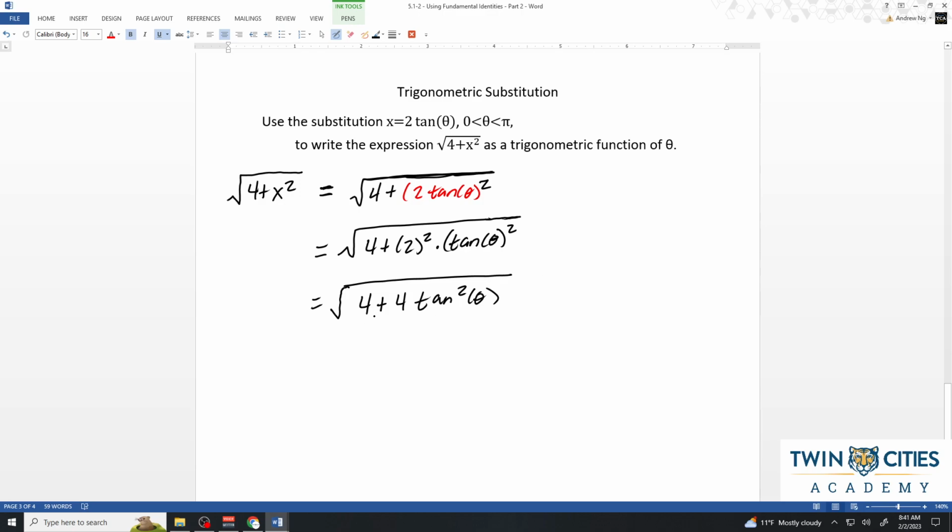I recognize that I can pull a 4 out to the front, not the front of this entire square root, but the front of what's inside here. So I can pull this 4 out to the front and say this is the same as 4 times, so it's really dividing both of these by 4 and writing what's left, 1 plus tangent squared.